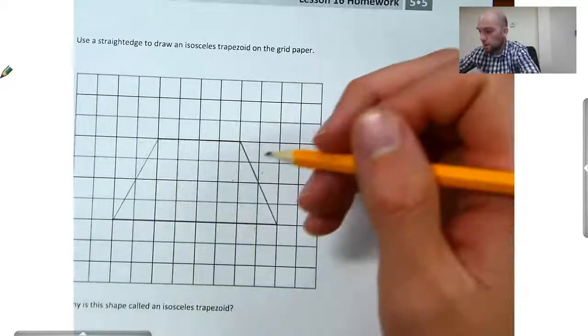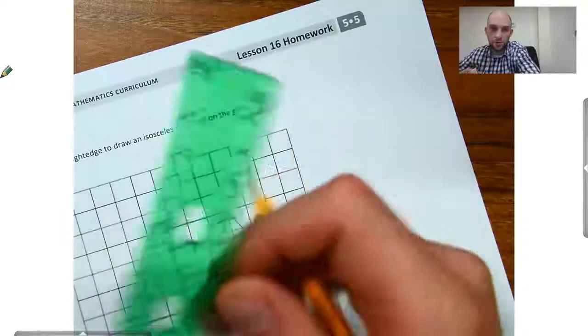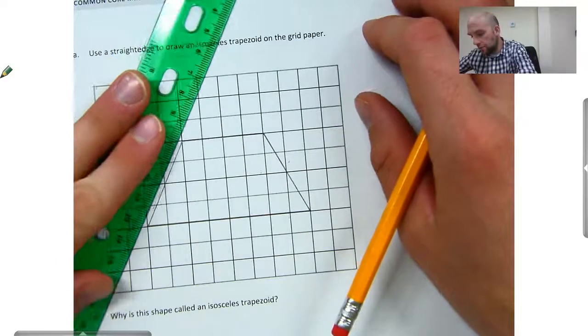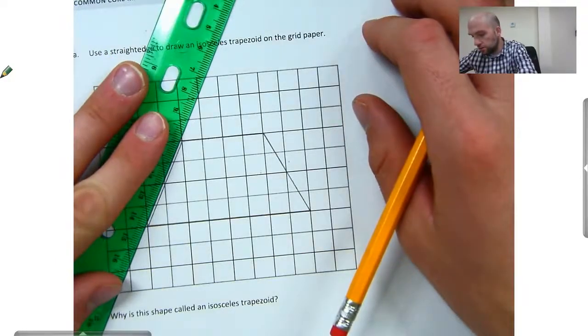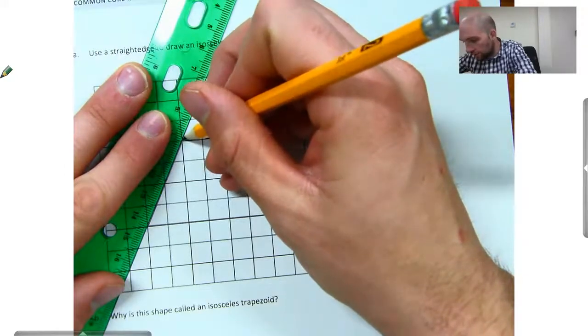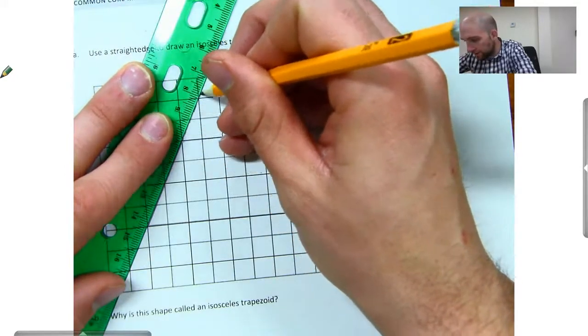The reason this is called an isosceles trapezoid is the same reason that it's called an isosceles triangle: a triangle that has 2 sides of the same length. So let's pretend that this was a triangle, with a dotted line here to make the rest of the triangle.